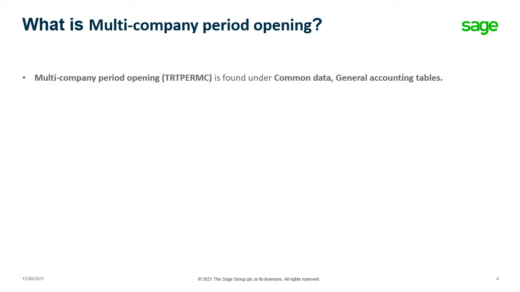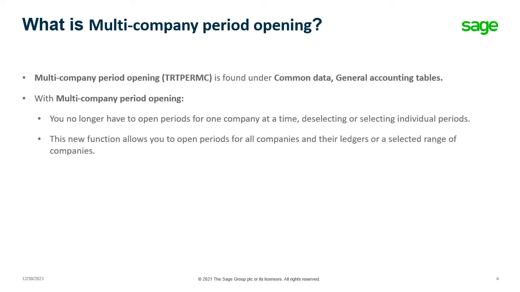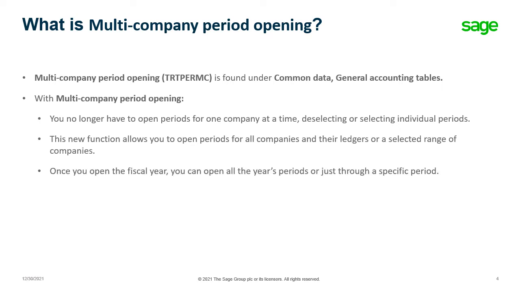So just what is multi-company period opening? Well, you'll find it under Common Data, General Accounting Tables. With multi-company period opening, you no longer have to open periods for one company at a time, selecting or deselecting those individual periods. The new function allows you to open periods for all companies and their ledgers or a selected range of companies.